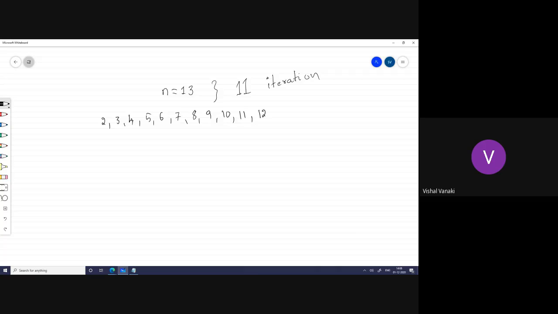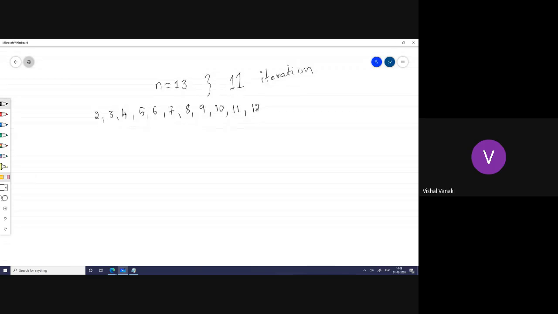So what I can do is go for the factors of the given number. How do we find the factors of a number? Factors of a number are always present in half of the given number.